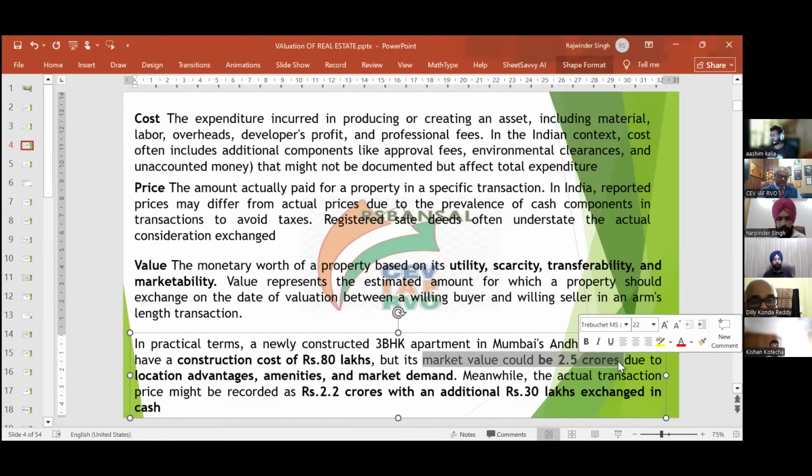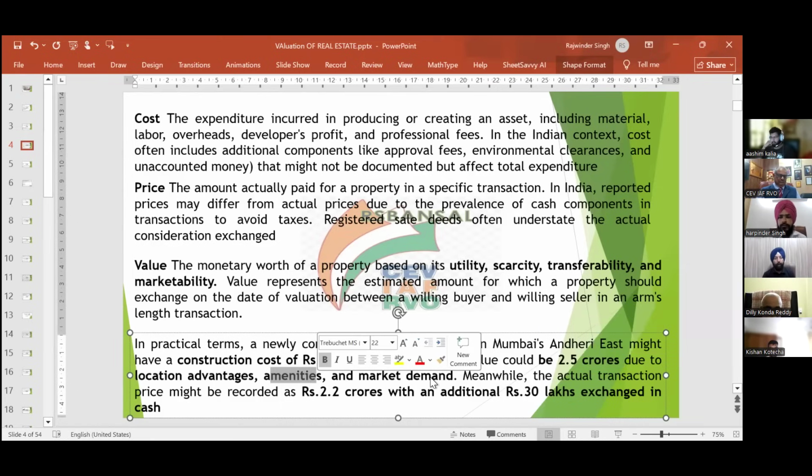Why? Because of scarcity of such flats in the market, because of locational advantages. The apartment is located in a very posh area which is nearer to all the commercial markets, and it is provided with all the amenities, and there is a demand in the market of such apartments.